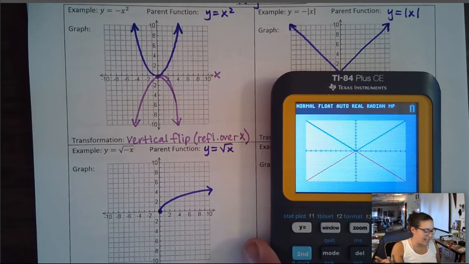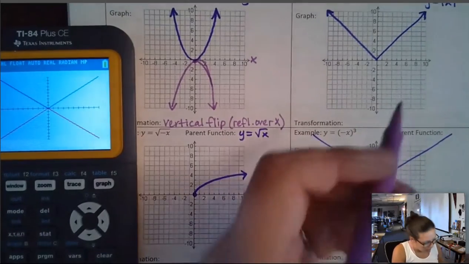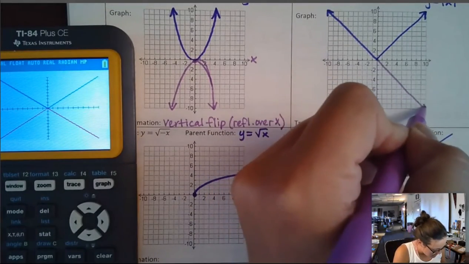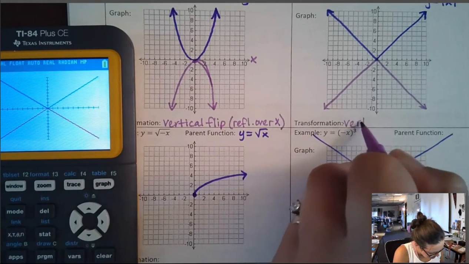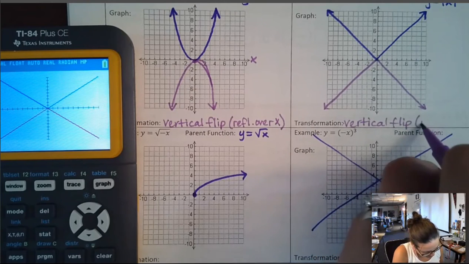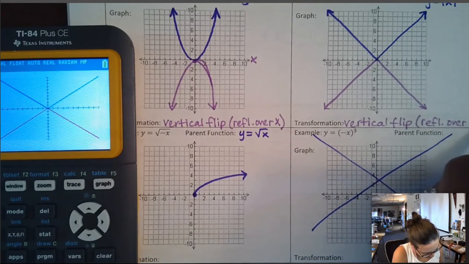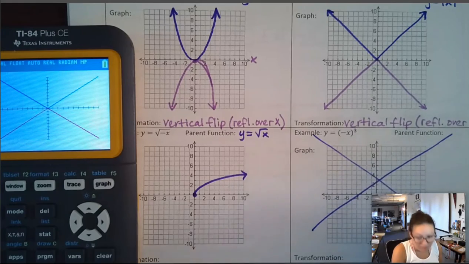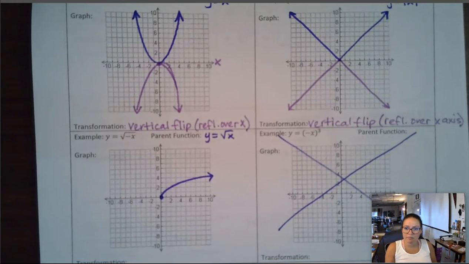We see actually the same thing as what we saw with our x squared function. This is another vertical flip, aka a reflection over the x-axis.